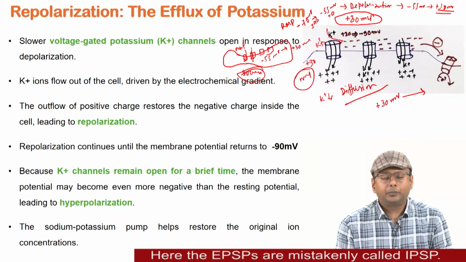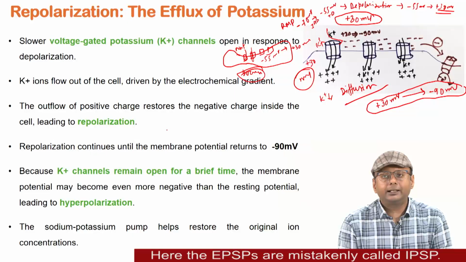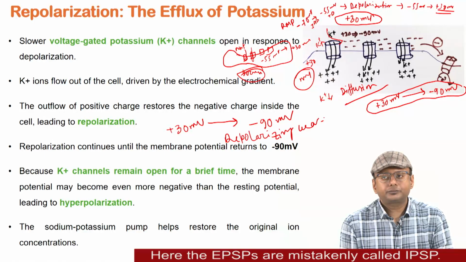And as a lot of positive charge is coming out from the cell, it will leave a lot of negative ions on the inside of the cell, causing the potential to rapidly change from plus 30 millivolt to minus 90 millivolt. So you see such rapid changes happening here, and this wave, where the potential changes from plus 30 millivolt to minus 90 millivolt, is also called repolarization or repolarizing wave. Okay.